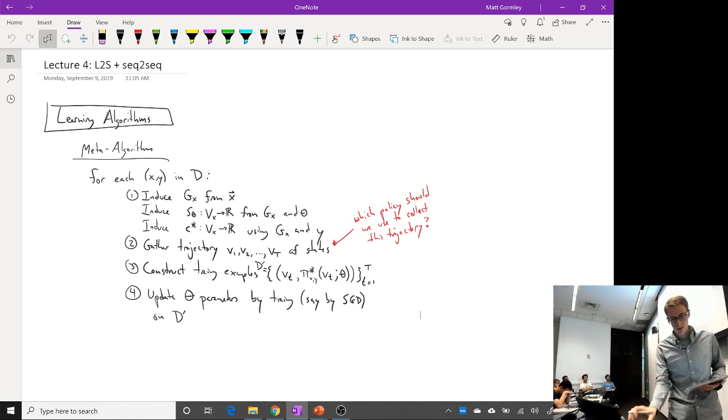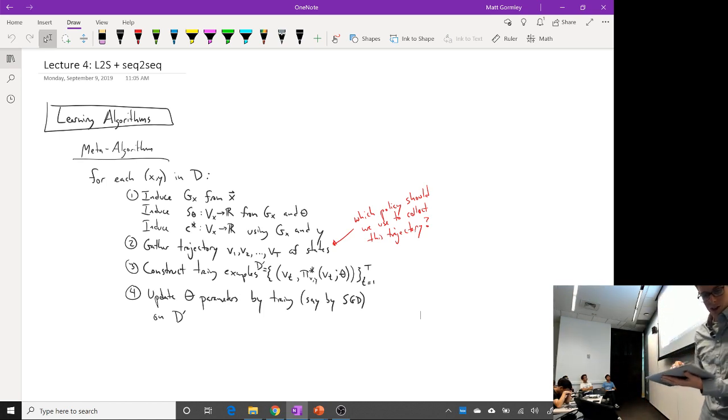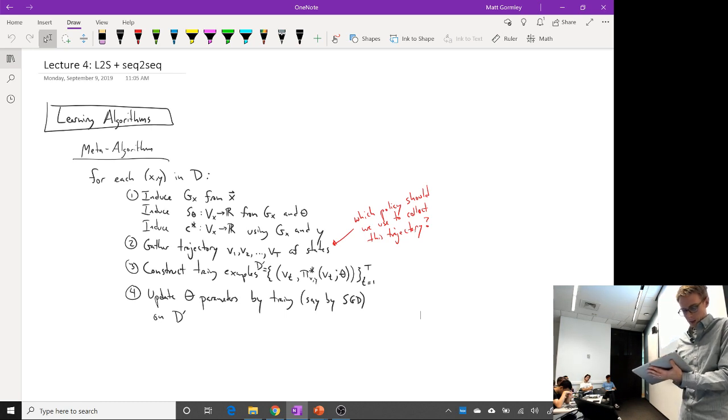Okay, so now let's actually look at a concrete example with part of speech tagging. First let's talk about algorithm number 1, which we'll denote as the traditional supervised approach.